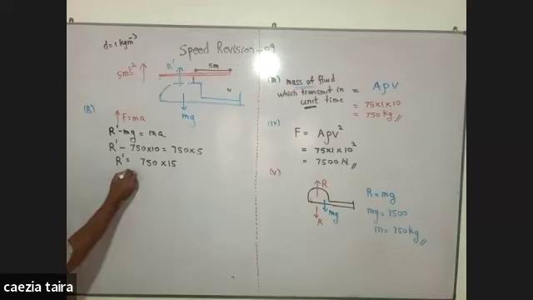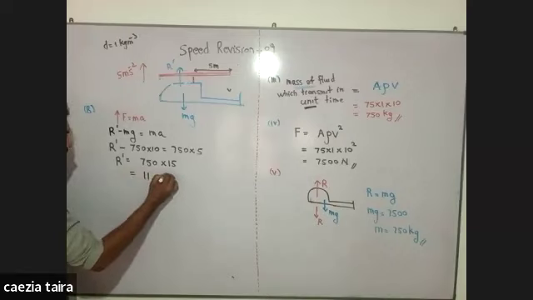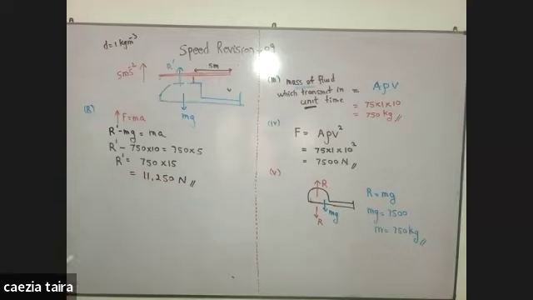So if I simplify this multiplication, I will obtain an answer of 11,250 newtons as the RH. Okay, the second one: find the velocity of the air stream that should be transmitted vertically downwards.